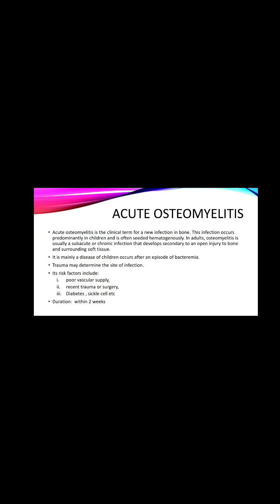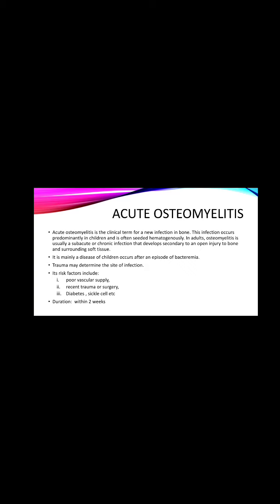Now, our next topic is acute osteomyelitis. What is acute osteomyelitis? Acute osteomyelitis is the clinical term for a new infection in bone. This infection occurs predominantly in children and is often hematogenous.